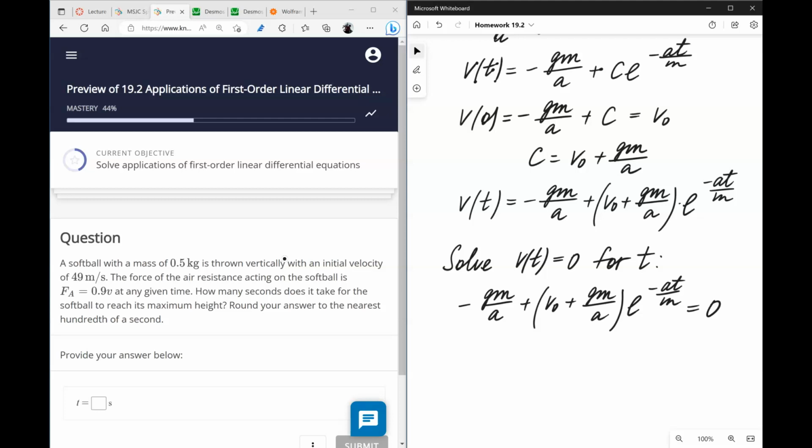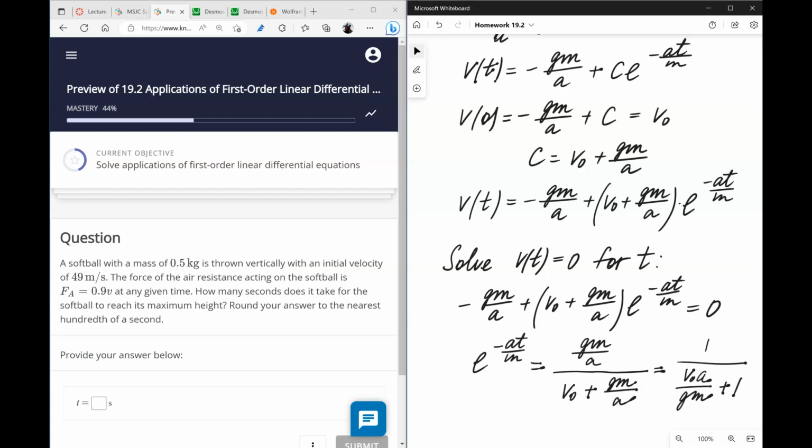So we're going to add gm over a to both sides and divide by what's in parentheses. So e to the negative at over m is equal to gm over a divided by v0 plus gm over a. This can be simplified like this.